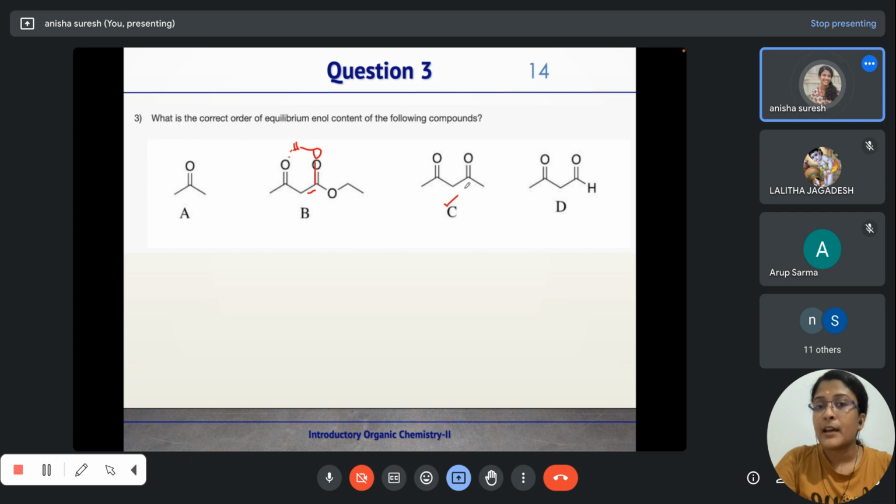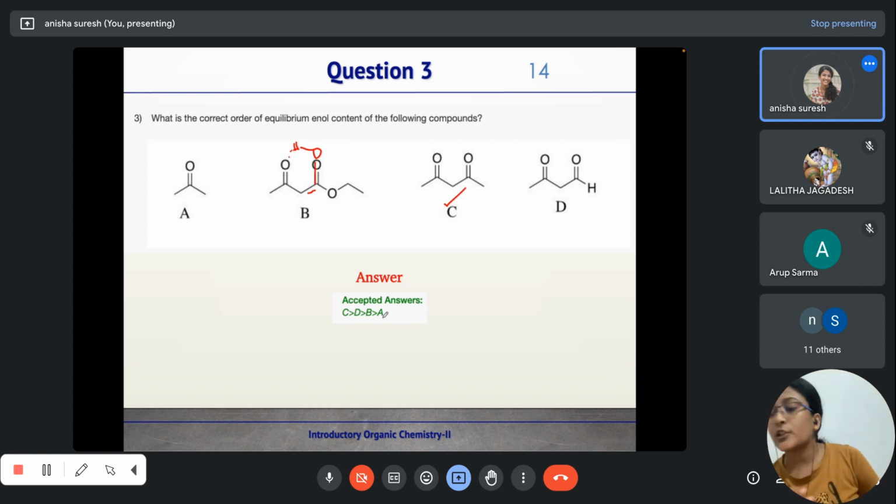So this will be the compound having the greatest enol content. Then comes this, where this hydrogen will also be involved in hyperconjugation. In case of ester, there are no hydrogens on this side that can be involved in hyperconjugation, so this will be least. So the correct order will be C greater than B greater than A.